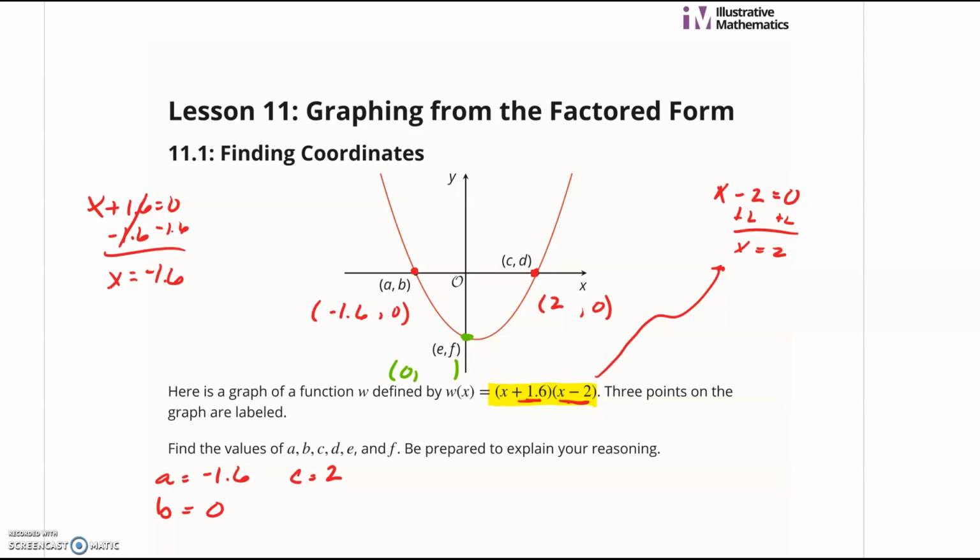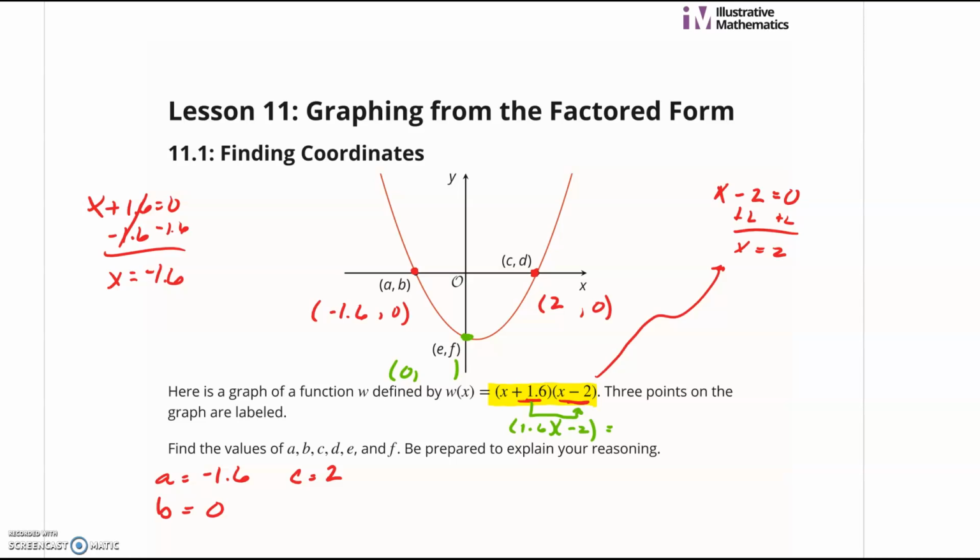Now to figure out what that something is, remember my y-intercept was found by multiplying the two constants together. So 1.6 times negative 2 gives me negative 3.2. This is the last times the last in my FOIL.